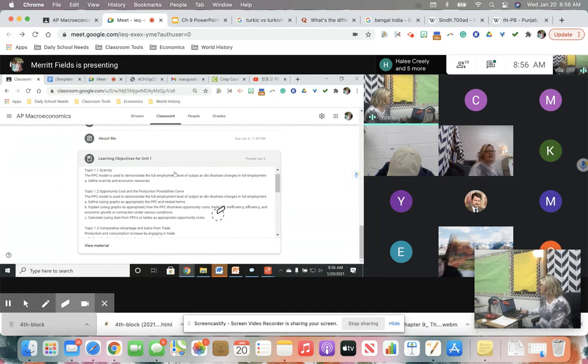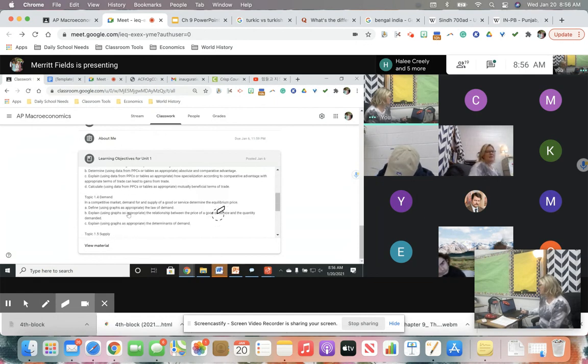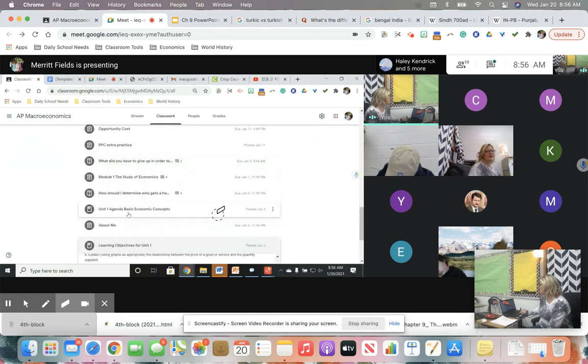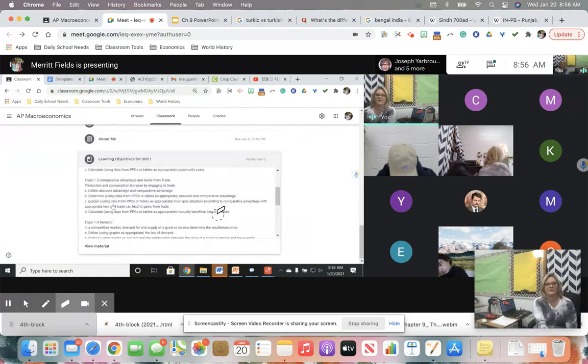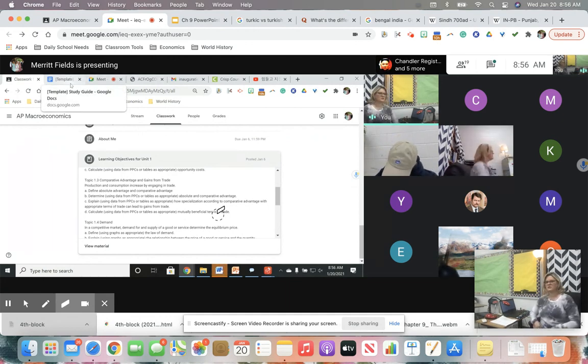So where it says learning objectives for Unit 1, if there's something in there that you don't know how to do, then that would be an important thing to note. All right, questions?